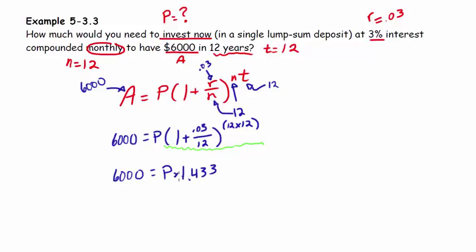Now, if we want to solve for P, we would divide both sides by that number, 1.433.